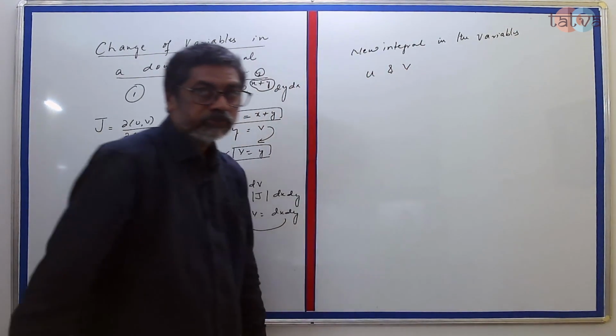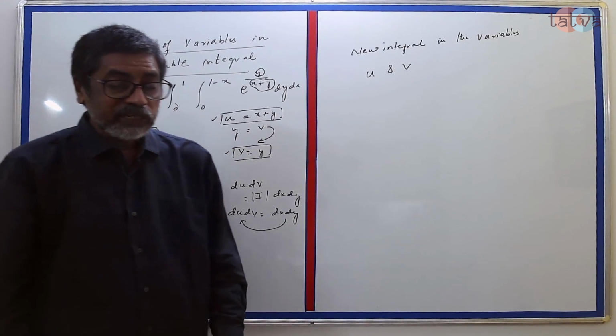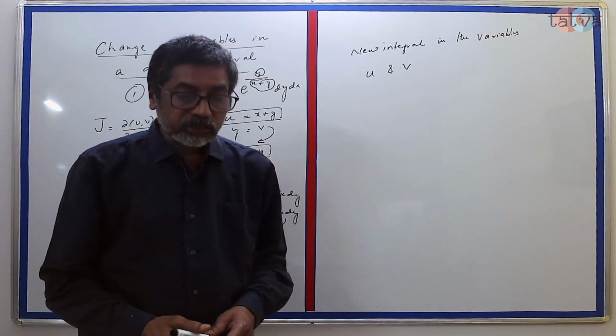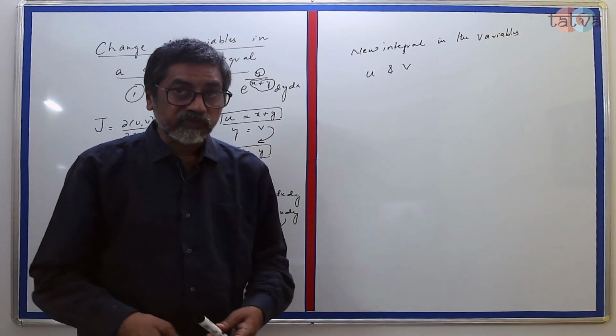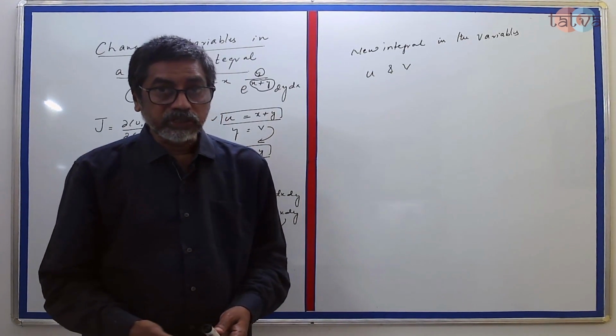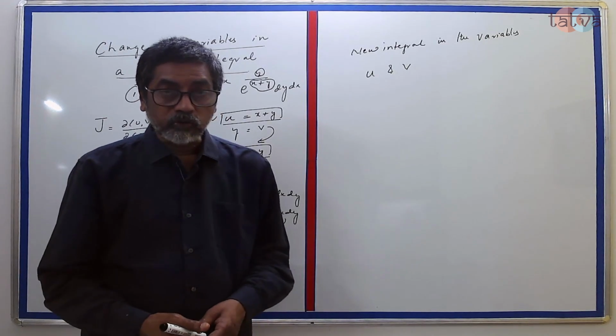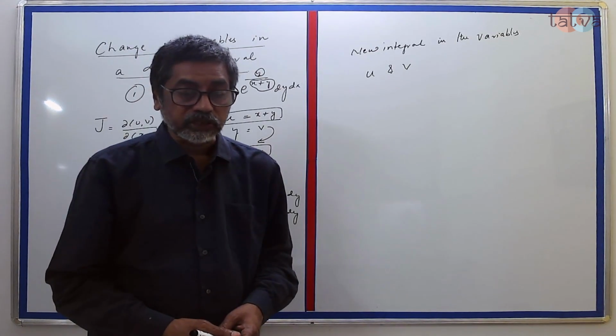But many things will have to be achieved now. First thing is, what is the new region? What was the original region first of all? What is the new region? In the new region, how does it look? How do I fix my limits? These are all the situations to be understood.